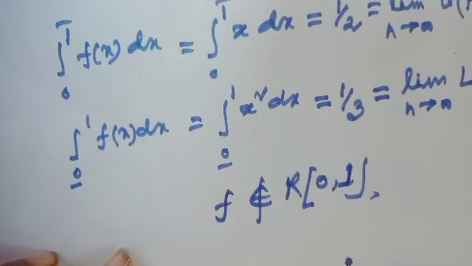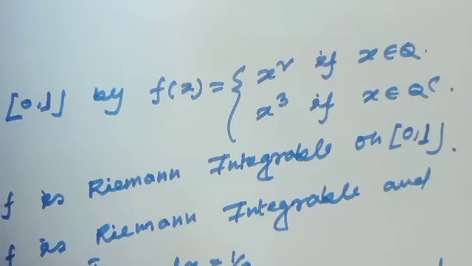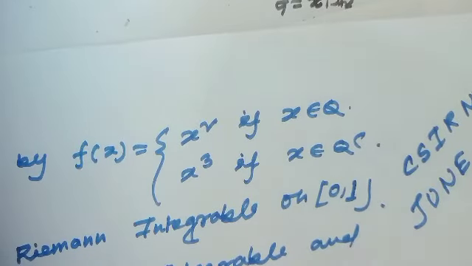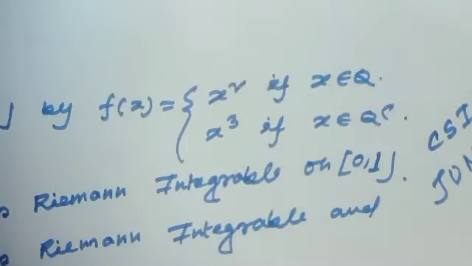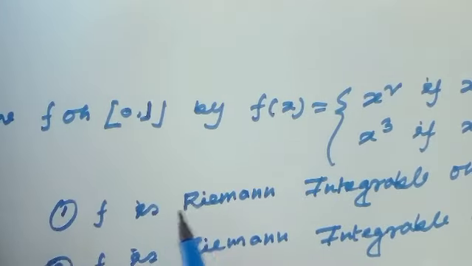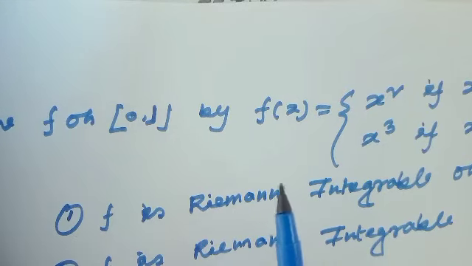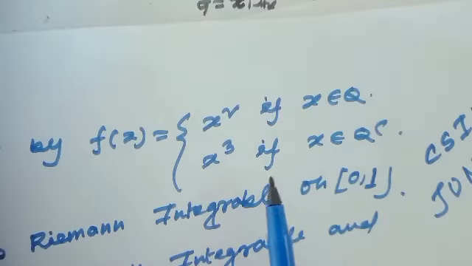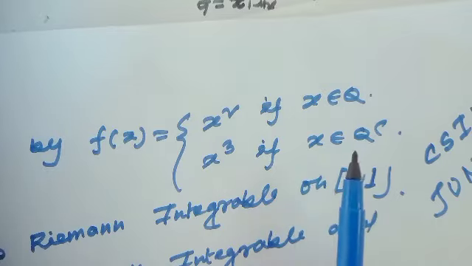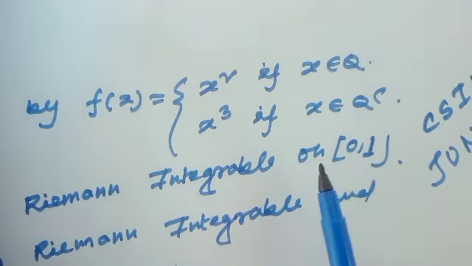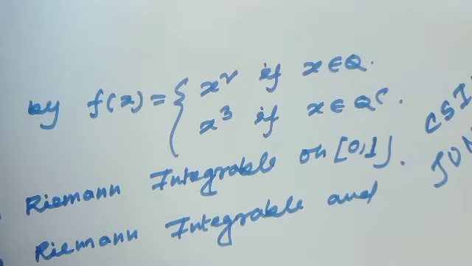Are you getting? I will say one example which came in the CSIR NET June 2016 exam. The question is, define f on the closed interval 0, 1 by fx equal to x square when x belongs to the rational numbers and x cube when x belongs to the irrational numbers.